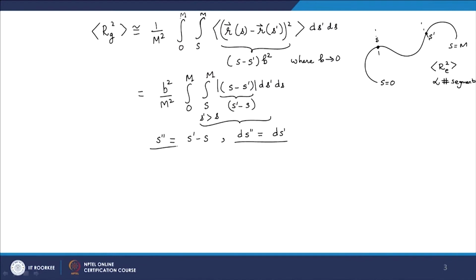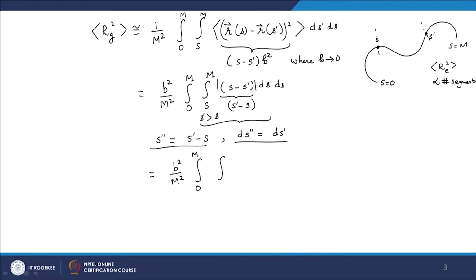So, I want to convert s prime to s double prime integration, and for that reason I write these two relations, and the limits of the inner integration will change. So, now earlier it was for s prime, now it is for s double prime.